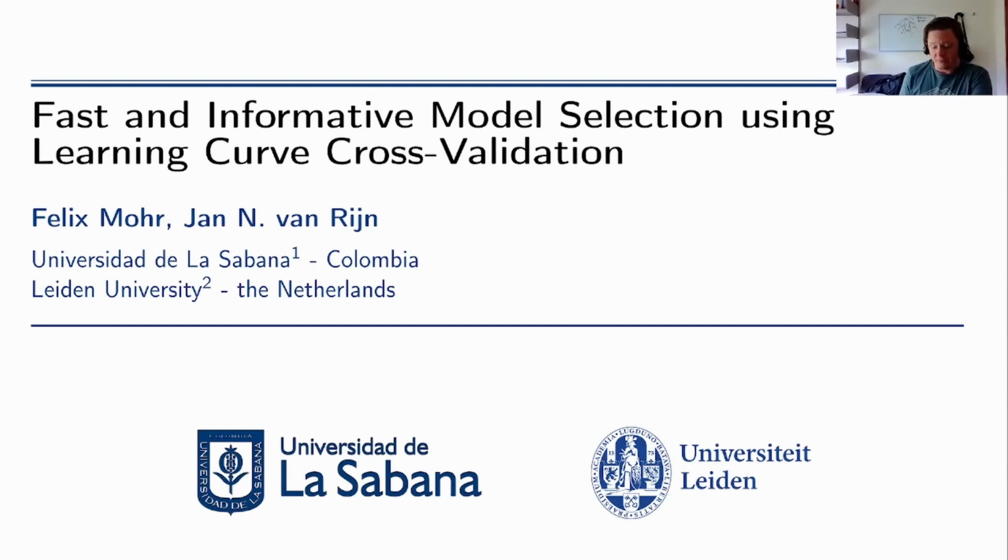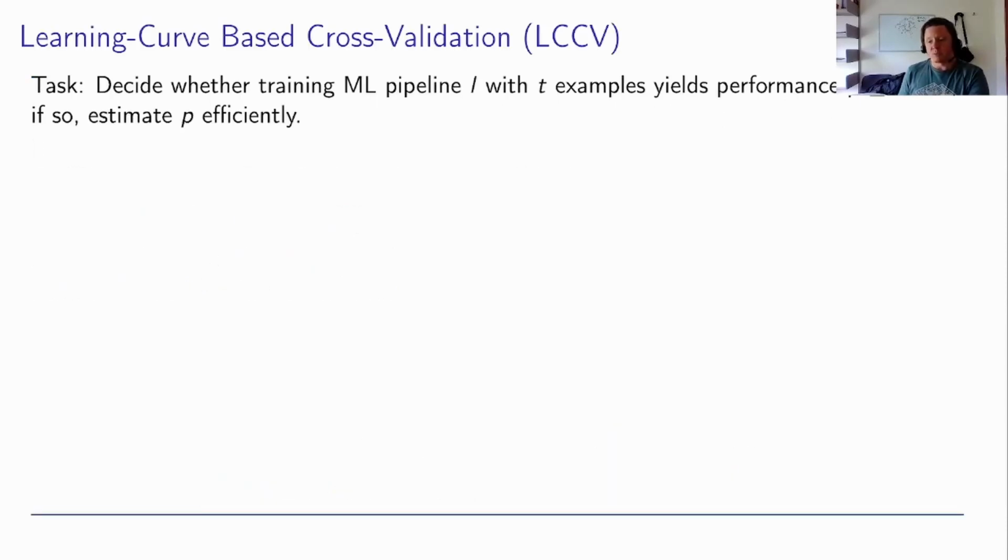This paper has been accepted and published by the TPAMI journal and is now presented at the AUTOML conference in the journal track. So what we do in this paper is that we look at the sequential model selection problem, in which you are presented with a sequence of machine learning pipelines and you want to select the best one. At each point during this process you have three items available. The first one is the machine learning pipeline L that you are supposed to evaluate next.